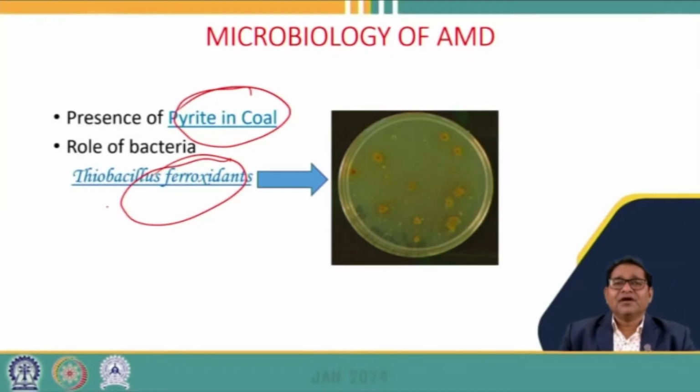So if it is exposed to the atmosphere it gets oxidized, and because of oxidation of iron present in the pyrite, there is a lot of generation of H+ ions, and that basically causes acidity in the mine water. So these are the photographs of the staining of bacteria.